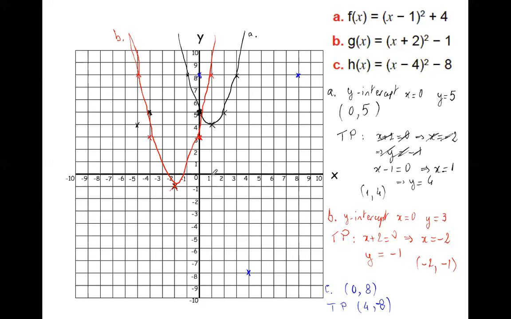So let's try when x equals 1. 1 minus 4 is negative 3. Negative 3 squared is 9. 9 minus 8 is 1. So it goes through 1 and 1 as well, which is 3 from there, 3 from there. It would go through here. So let's do C in blue.